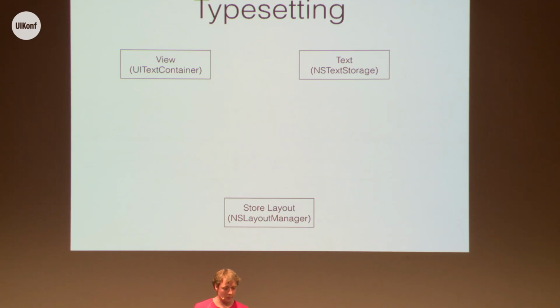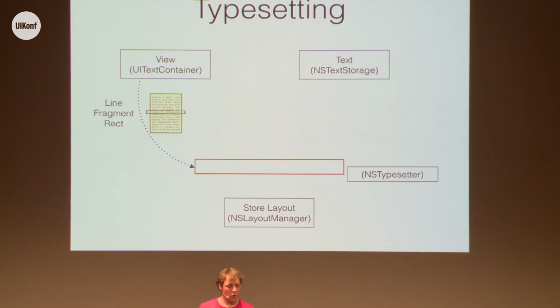What you want to do is take the text from the text storage and place it inside the view, obviously. It is to be computed, and then the result is to be stored in the layout manager. We know it's done by the NSTypesetter, but you must not know. We do know, but you must not. All right, so the first thing we do is ask the text container, please give us a line fragment rect.